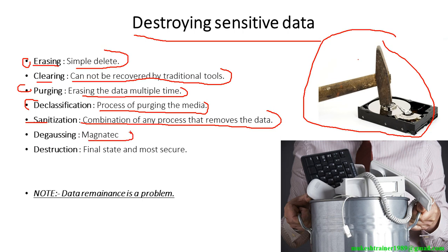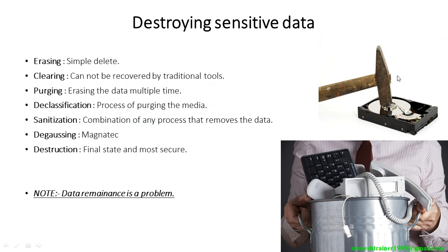Degaussing is magnetic, because the hard drive uses magnetic fields to store the data on the platter. So magnetizing may help to delete or erase the data. That is a good way also, but the best and final way is called destruction, the final state and most secure state. If you have an old hard drive, or a company's drive whose data you have already taken or do not want, and it is sensitive, you want it to be destroyed. I think that's the way here, use this way.